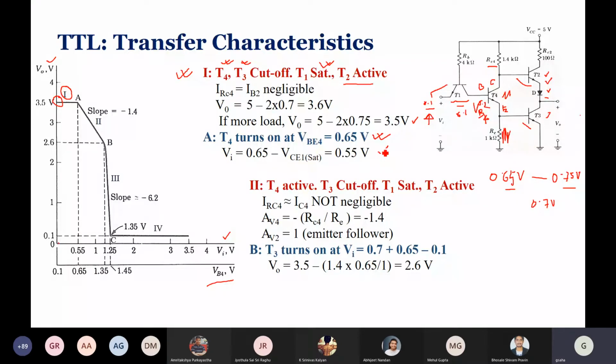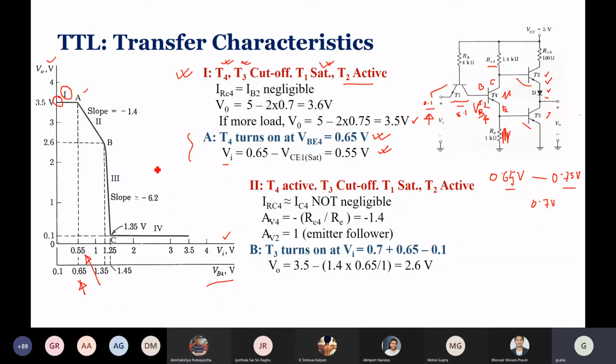That's why two values have been shown here: 0.65 is for VBE4 and 0.55 for VI. Is this understood? Can I get an audio response? So this is the point A. Its coordinate, from the VI point of view, is 0.55 and 3.5 or 3.6 depending on load current. Is this okay? Yes, sir. Good.